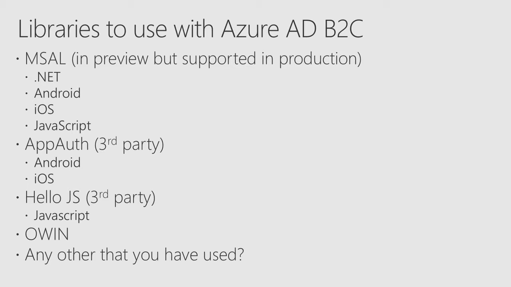The question was, in Katana, in core 5, there is no OWIN. And secondly, is ADAL not supported in all of B2C, or is it just not recommended? Okay. So the question is, OWIN is not part of ASP.NET Core, ASP.NET 5.0, and so is B2C supported there?